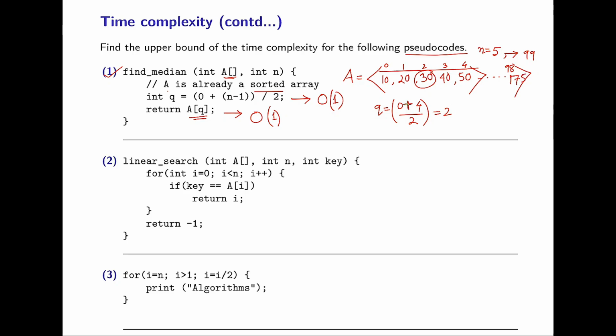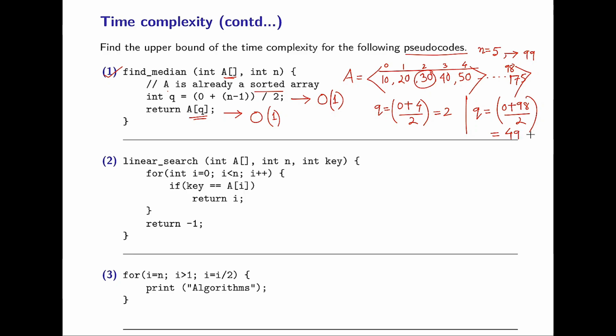Even then, if I compute the median, it will be 0 plus the last index, 98, divided by 2. It will give 49.